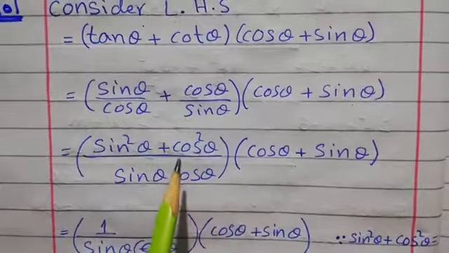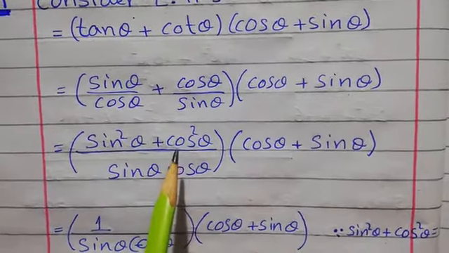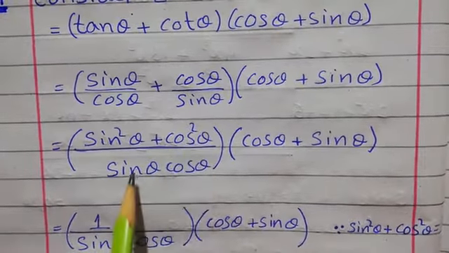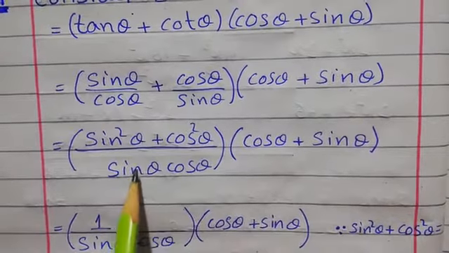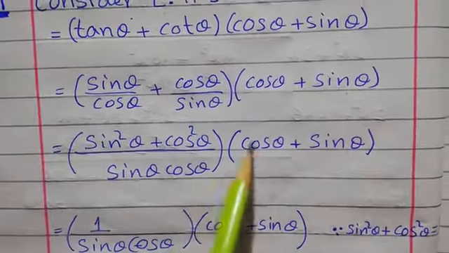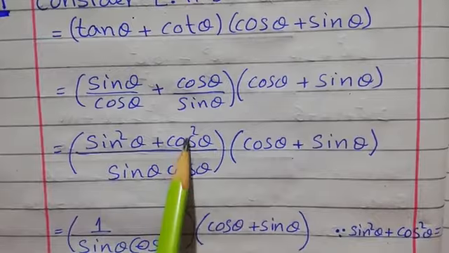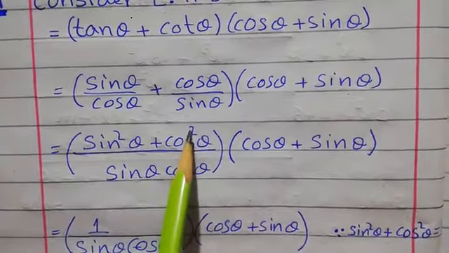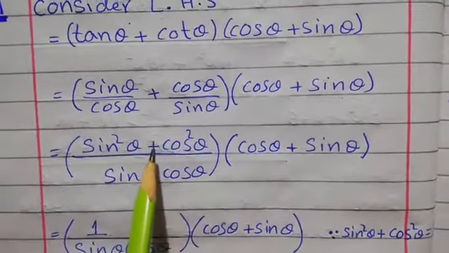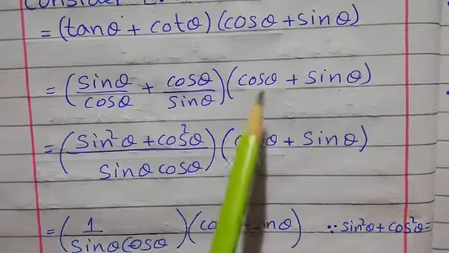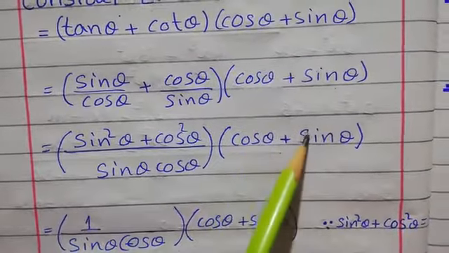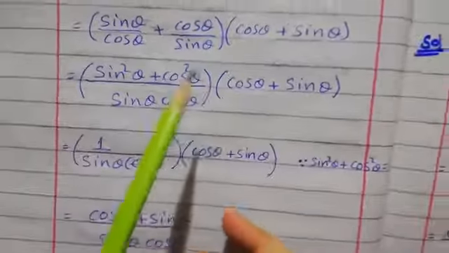Actually, we will solve this by using the simple LCM method. Now sin theta will be cancelled by sin theta in both denominators, and then we will multiply cos theta by cos theta, and we will get cos square theta by using just the simple LCM method. And we will write cos theta plus sin theta as it is.